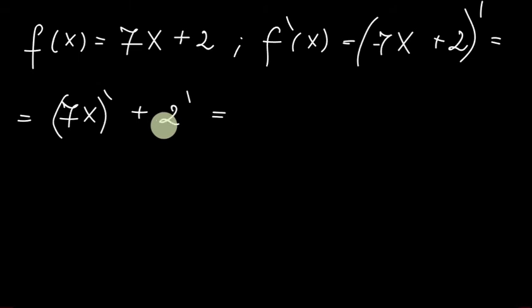So you already know that a derivative of 2 will be 0, so this will be 0, and a derivative of 7x, 7 is a constant, and when a constant is multiplied to a variable, we can take out that constant. But when a constant is alone, like our 2, we need to take a derivative of it. So it is 7 times, and a derivative of x will give us 1. So our answer is 7.